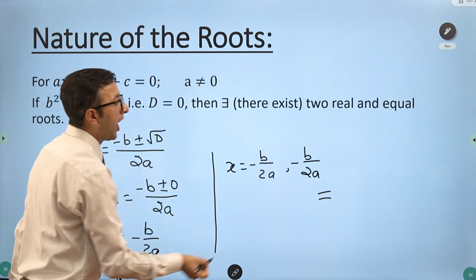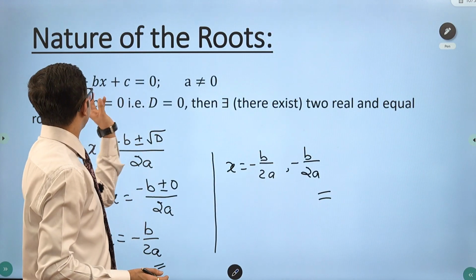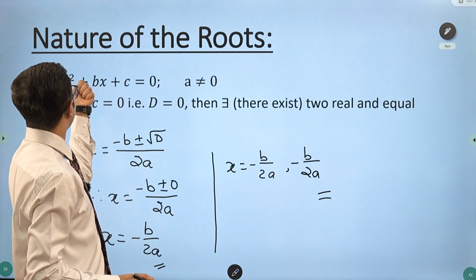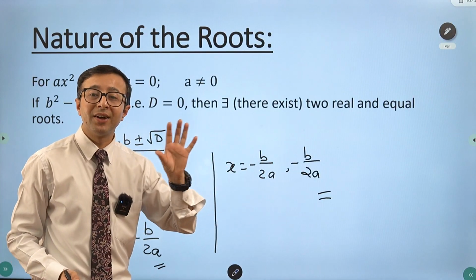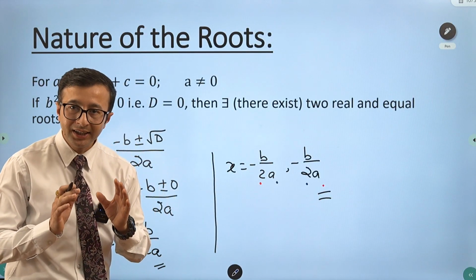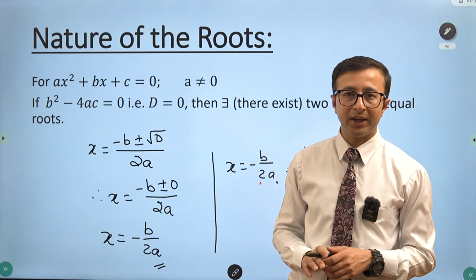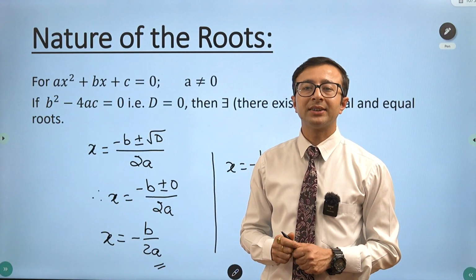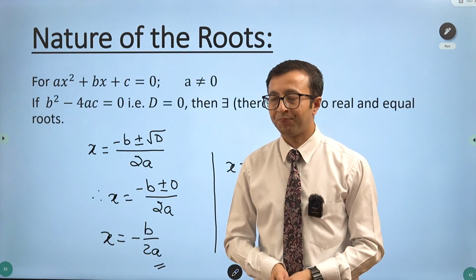By substituting the values of a, b and c, we will get these two values, and these two roots are exactly the same. So if the discriminant is 0 in a quadratic equation, there exist exactly two equal real roots.